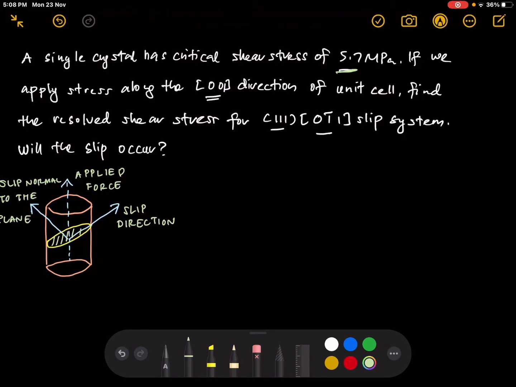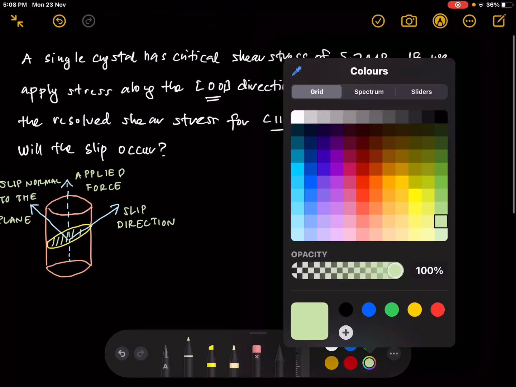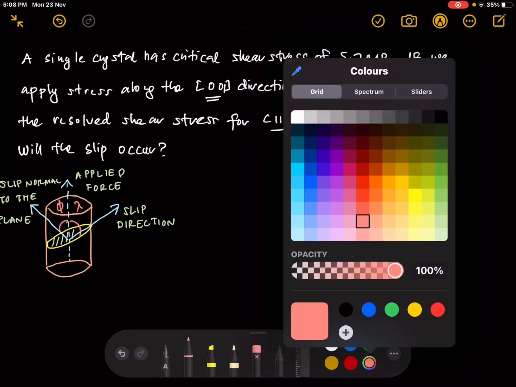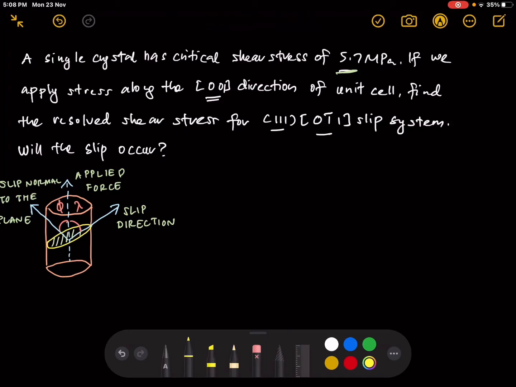So the angle between the applied force and the slip direction is lambda, and the angle between the slip normal to the plane and the applied force is phi. We can associate the two angles, cos phi and cos lambda, using this equation.